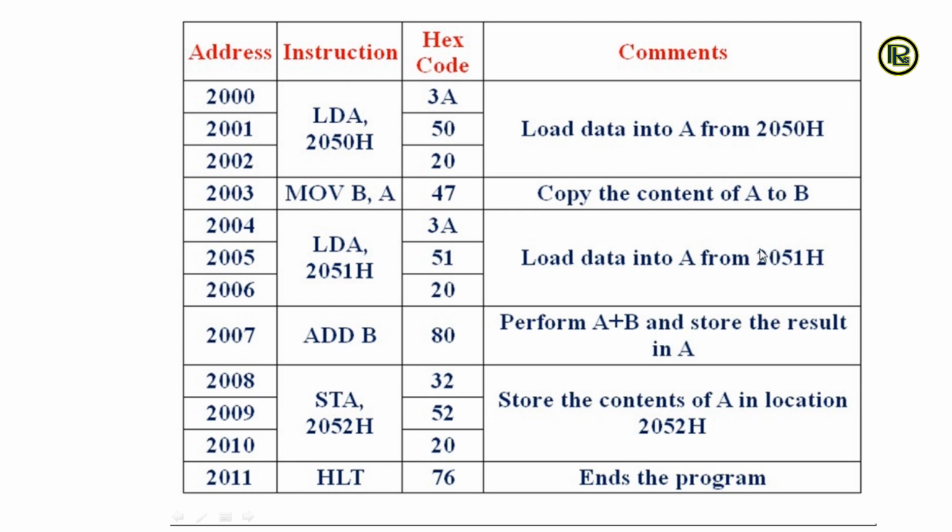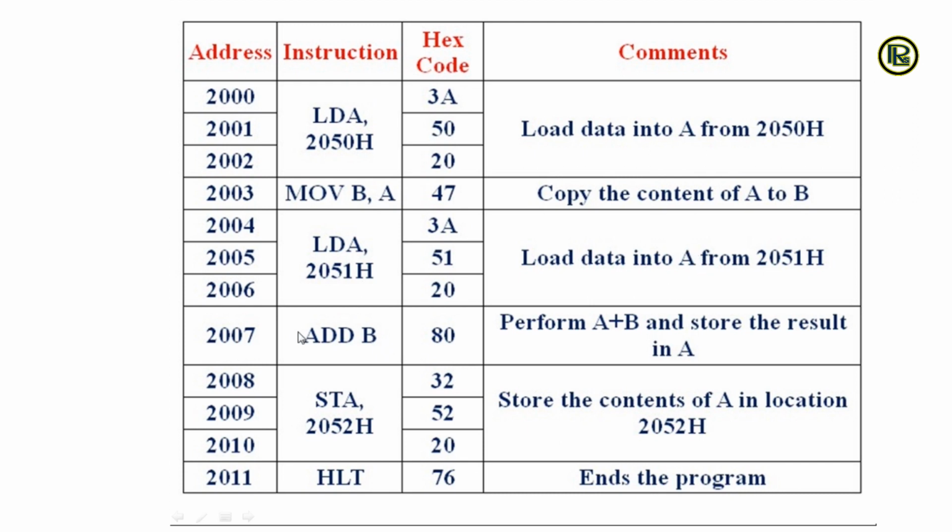So I have to keep a hexadecimal number in the memory location 2051. Earlier I had kept the previous number in the memory location 2050. Now I am keeping the number at 2051 and that will load the number from 2051 into register A.